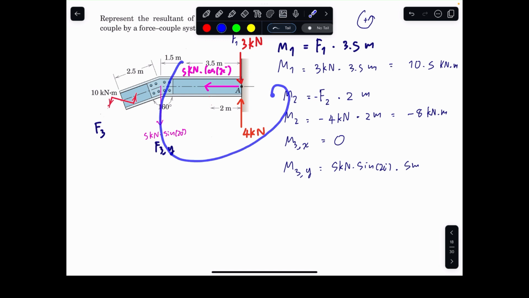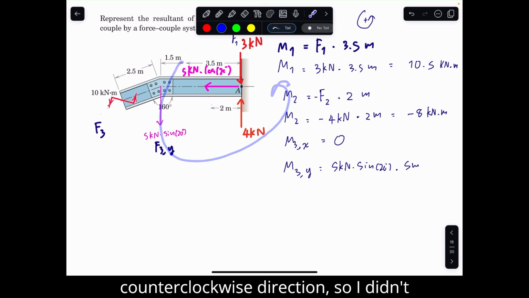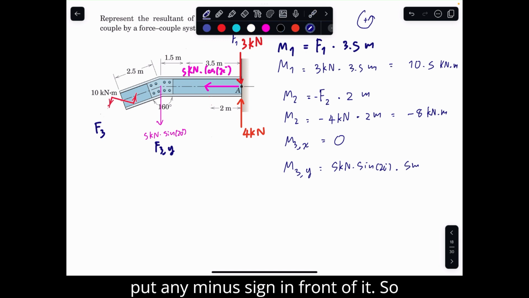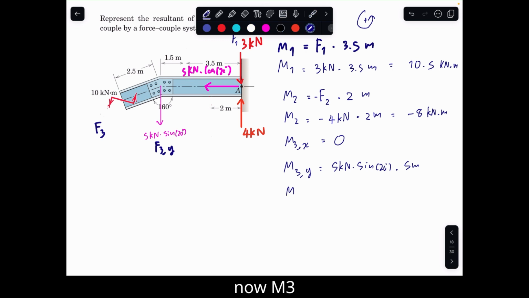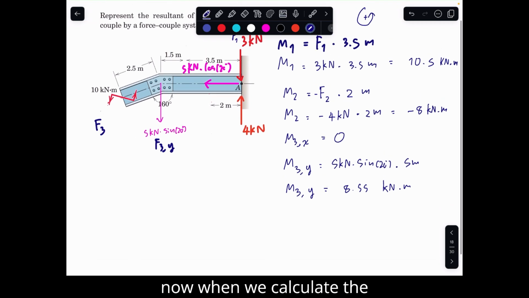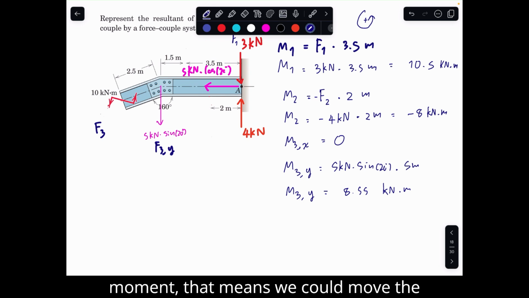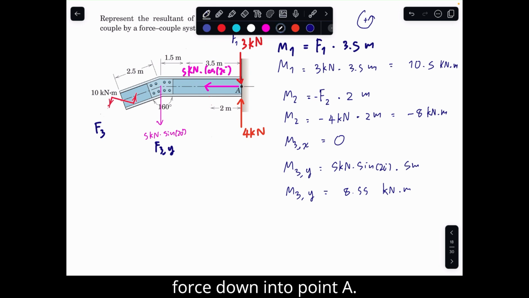The moment is in the counterclockwise direction, so I didn't put any minus sign in front of it. So now M3 in the y-axis will give us 8.55 kilonewton meter.